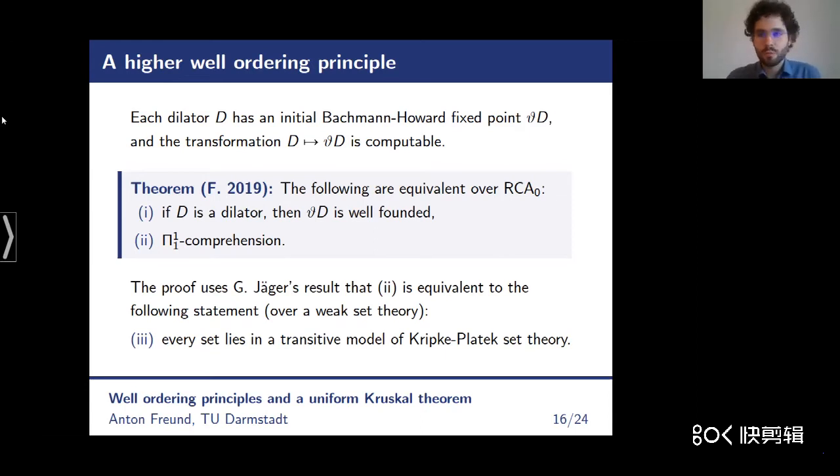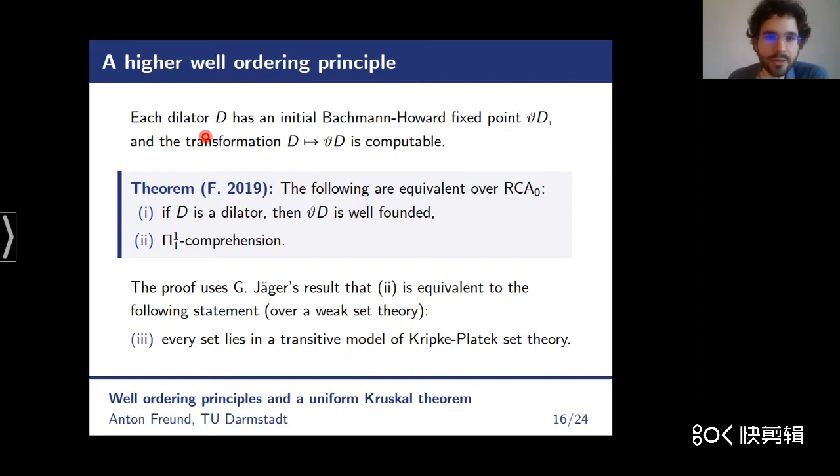And it was beyond the reach of this type of well-ordering principle that we saw before. But now that we have made this switch from simply transformations of ordinals into transformations of higher type that can take other transformations as input, we can actually characterize this principle of Pi-1 comprehension. And that goes as follows.